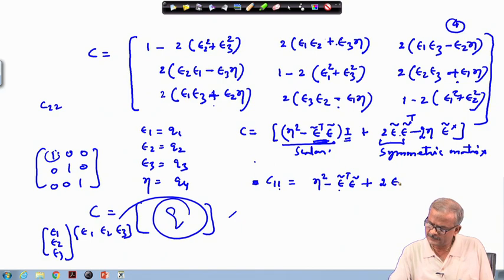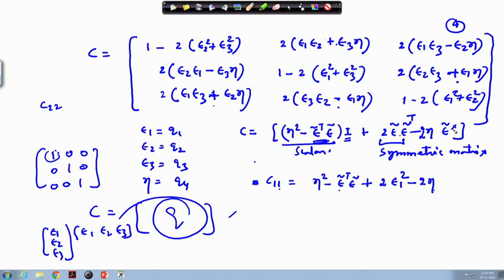So, 2 times epsilon 1 square minus 2 times eta times epsilon tilde cross. This is a skew symmetric matrix, nothing but 0 0 0 on the diagonal terms, and here the other terms will be minus epsilon 3, epsilon 2, minus epsilon 2, epsilon 1, and epsilon 1 and here epsilon 3.